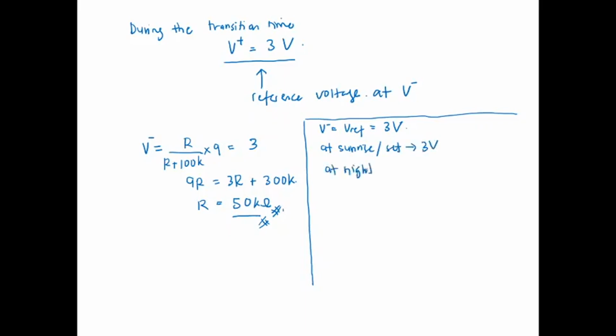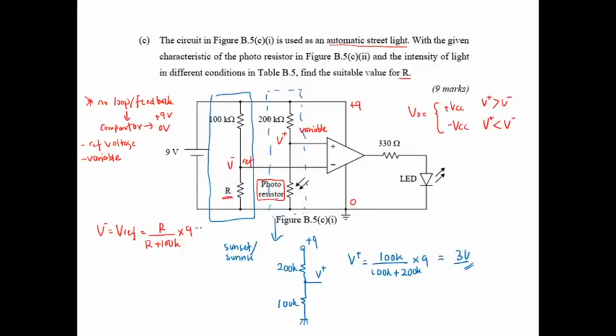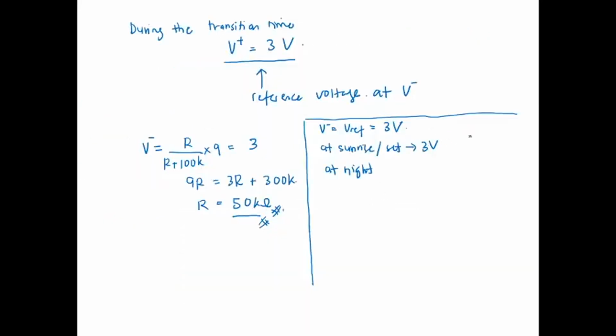At night, what happened? At night the illumination is very low, so the resistance here is very high, and when the resistance is very high, the V plus, the input, is larger than 3 volt. Since this 3 volt is V minus, V plus is larger than V minus, so the V out is equal to 9 volt. This is on.